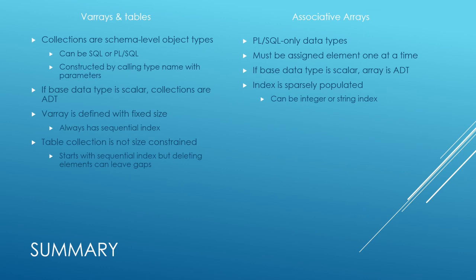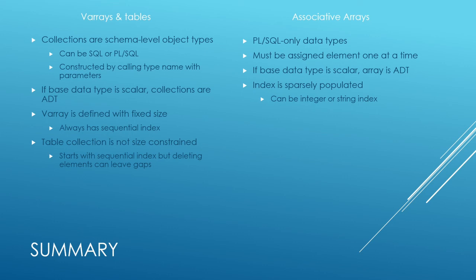So just in summary, the V arrays and tables are collections. They're what are called schema level data object types. They can be SQL or PL/SQL driven, and they're constructed by calling the type name with some parameters typically.